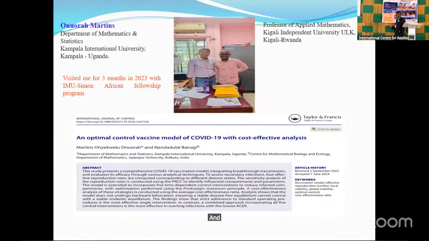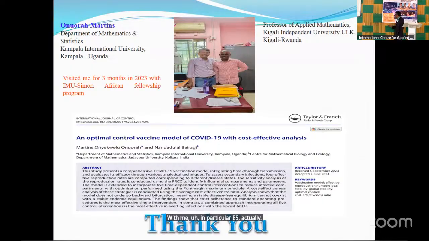And this is Martin, whom you may know. He visited our center in 2023 with an IMU African Fellowship for 3 months, and he published this work with me in 2025. Thank you very much.